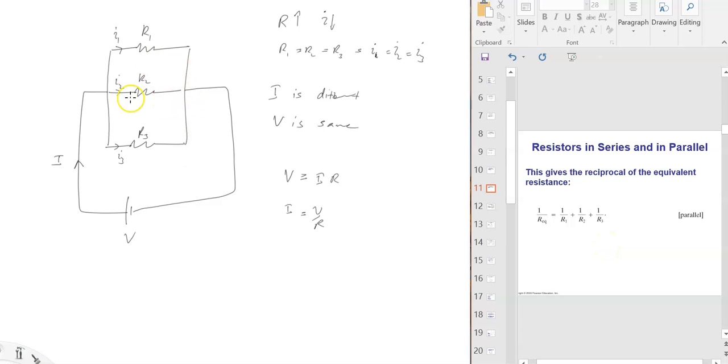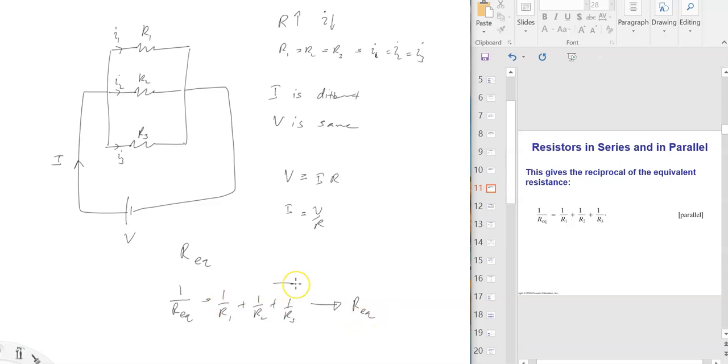So if the resistors are parallel, we want to find R equivalent, but we can find it directly. We start here, 1 over R eq, write R1, R2, R3, and then you solve this first, and then from this you flip the number, take the reciprocal, you can find R eq.